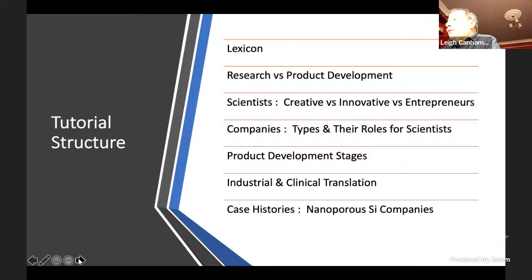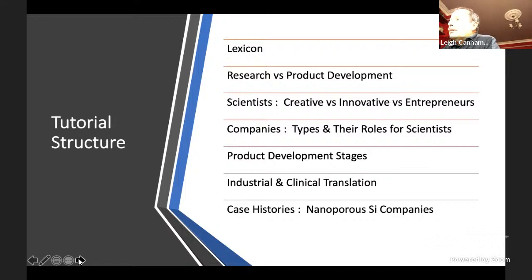From the point of view of career options, I think it's useful for us to think about where our skills lie as individuals. Virtually everyone, I think, is creative, but a smaller fraction of people perhaps are real innovators, and another different group of people are entrepreneurs.